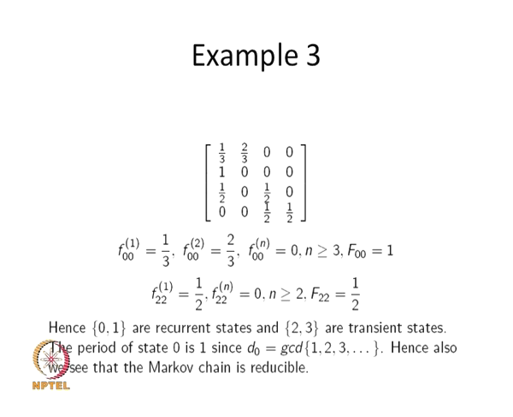Not only 2, all the further steps are also going to be 0, because with some probability it takes only one step to come back, and in all the further steps it is not coming back at all. Therefore, for n greater than or equal to 2, it is going to be 0. Therefore, if you compute capital F22, that is going to be a half plus 0 and so on, so you will end up with a half, which is less than 1. Therefore, you can conclude the state 2 is going to be a transient state.